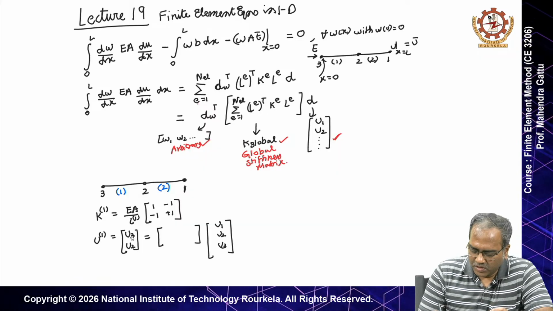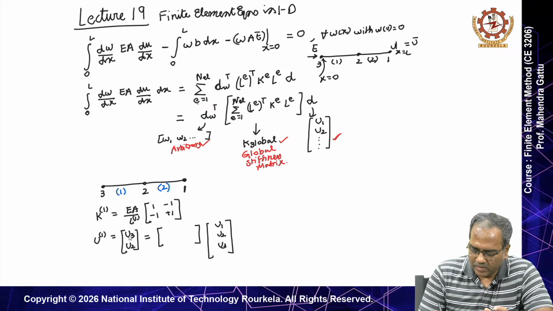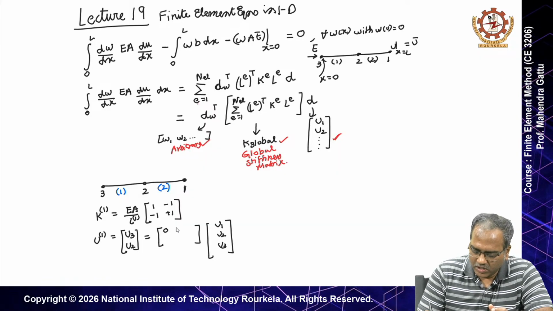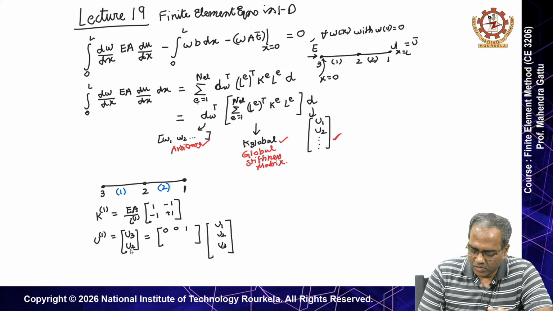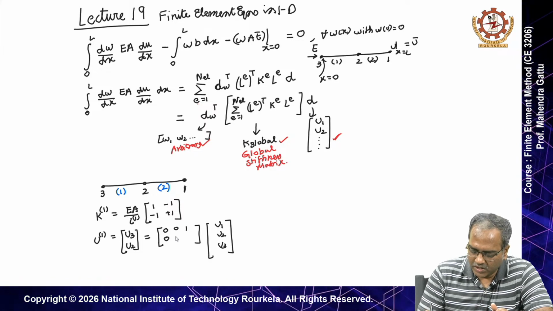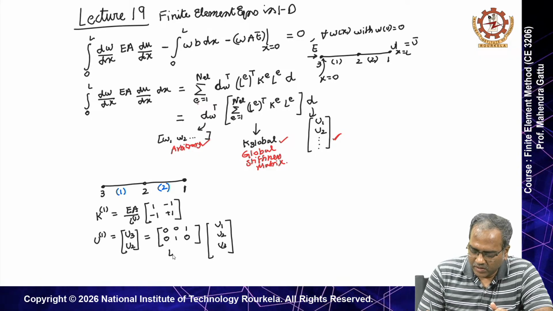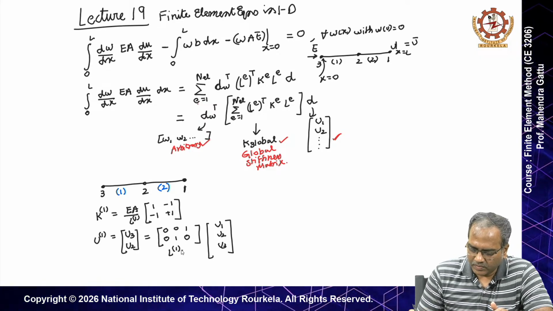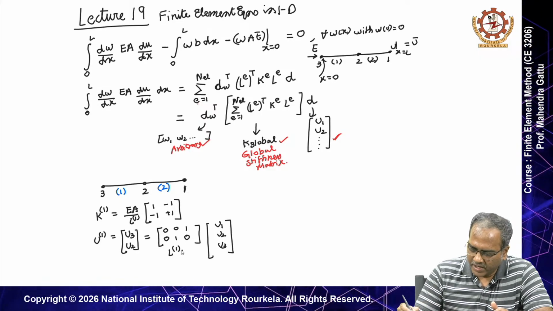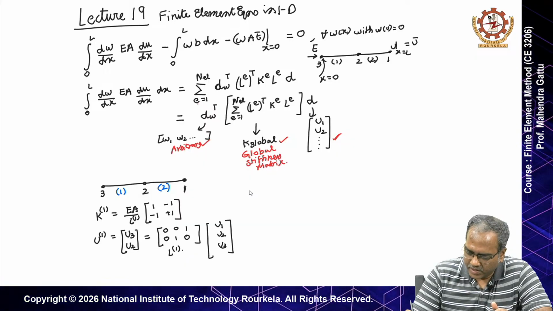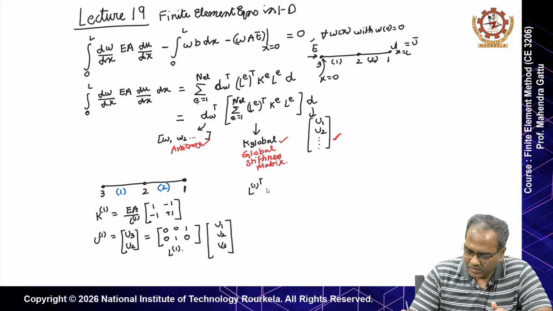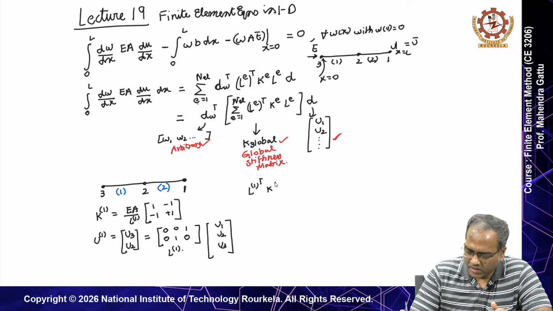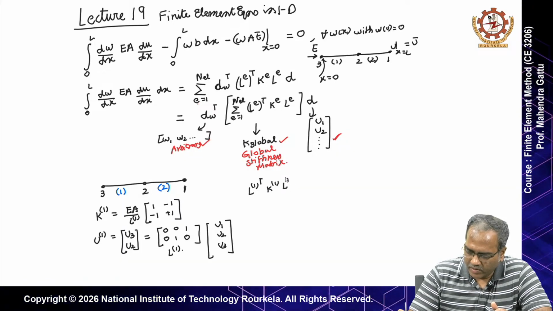In the first row the coefficient of U3 is 1 and the remaining coefficients are 0, so we write 0, 0, 1. In the second row the coefficient of U2 is 1 and the remaining are 0, so we write 0, 1, 0. This is our L1 matrix. Let us calculate L1 transpose times K1 times L1.